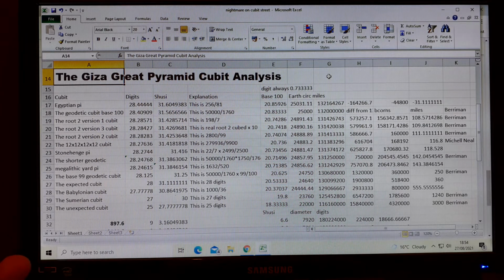And 9801 is the difference between the two versions of root 2 that has been found by Berryman. If you multiply 140 over 99 by 9801 over 9800, you get 99 over 70.